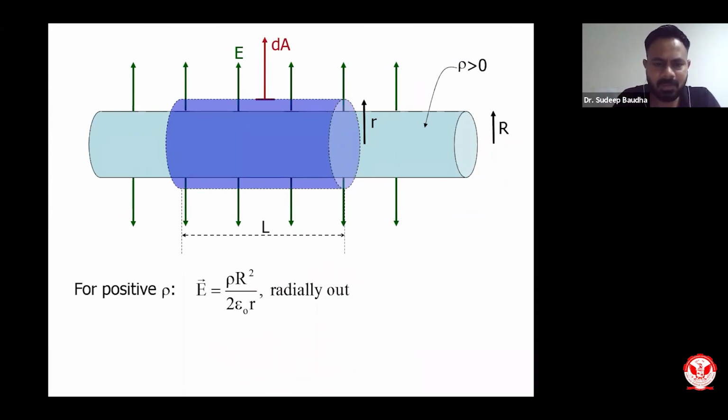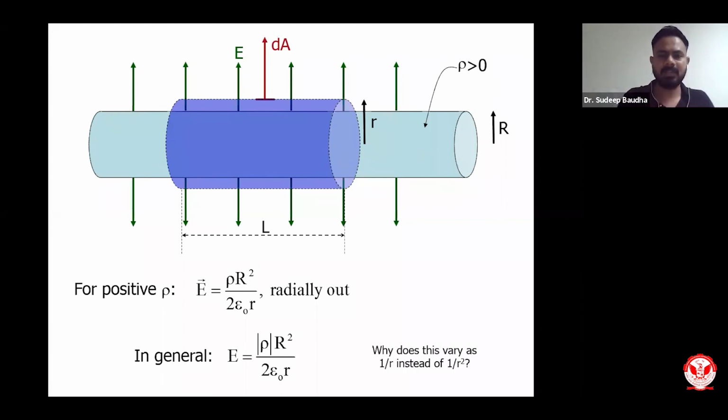Now you may recall, if rho is positive, then it will be radially outward. If it is negative, it will be radially inward. In general, we write the electric field as rho r square upon 2 epsilon naught r. This is the electric field at a point r.